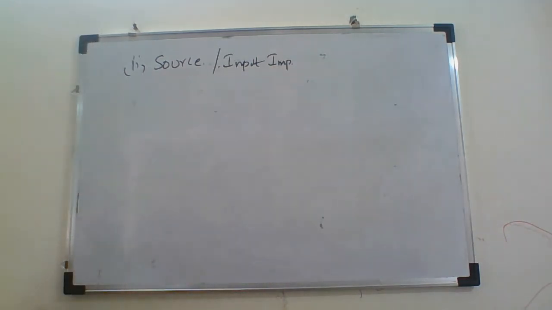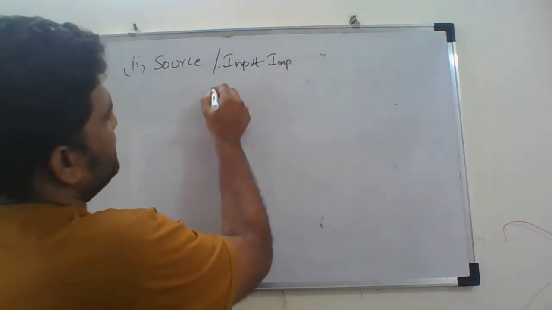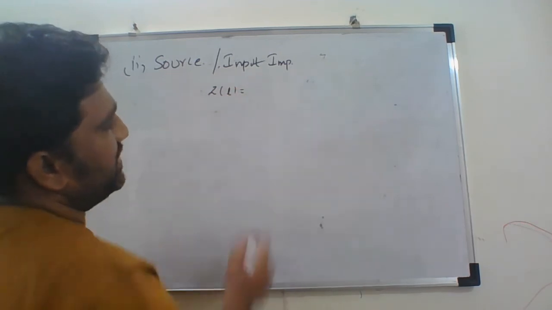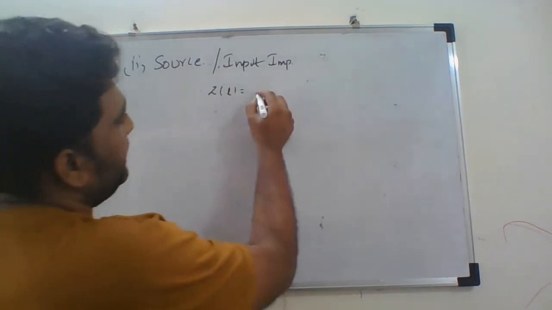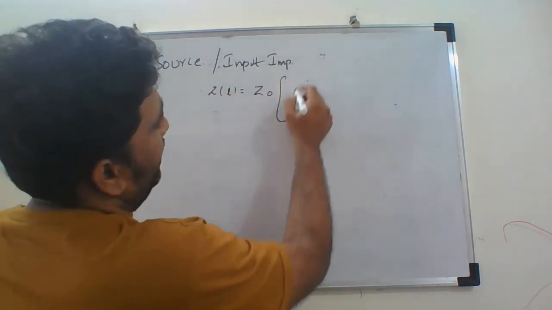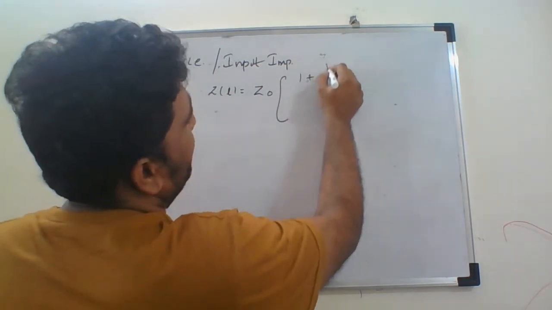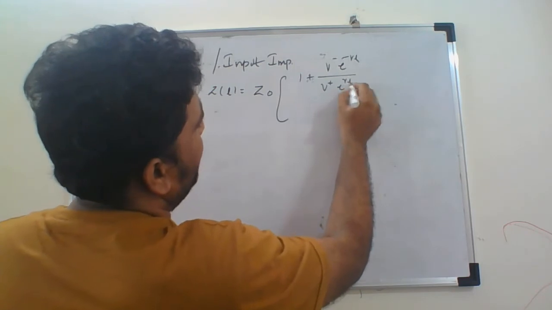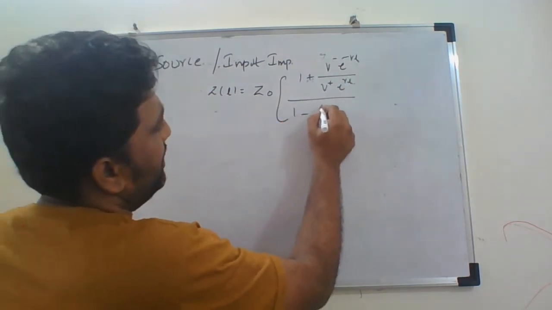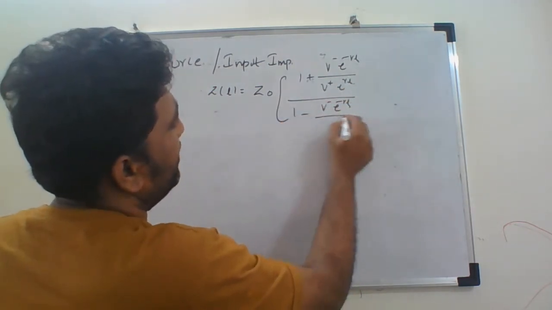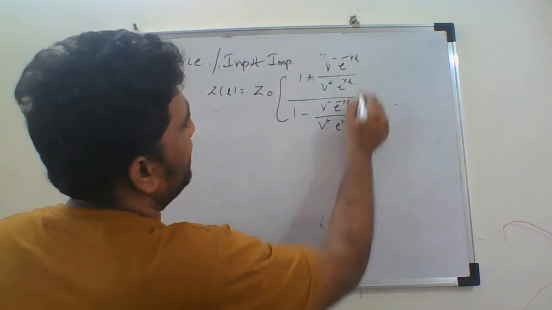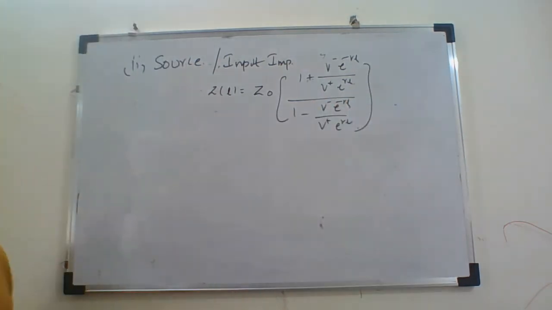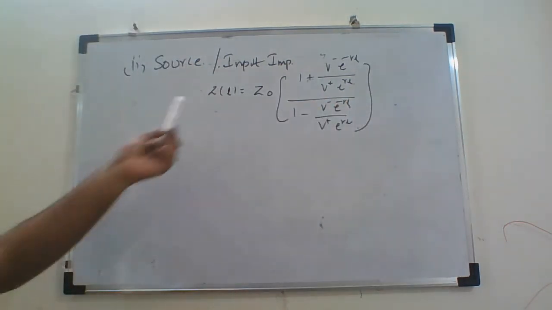The general expression we got is Z of l equal to Z naught into (1 plus V minus into e power minus gamma l by V plus into e power gamma l) divided by (1 minus V minus into e power minus gamma l by V plus into e power gamma l). This is the general expression for impedance at any point.